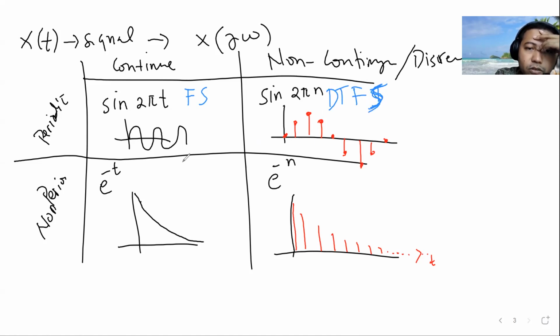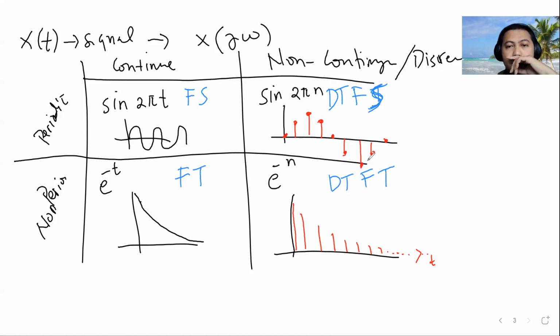For non-periodic continuous, this is the Fourier transform. Non-periodic and discrete is the discrete time Fourier transform. I hope until this point it is clear. Then how to transform using each method respectively, we can move forward after this. Is there any question?